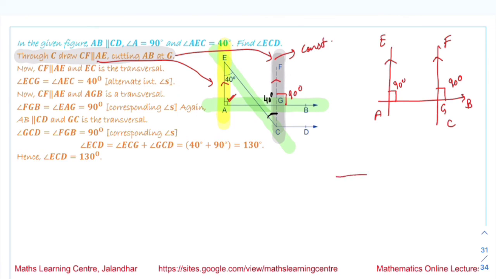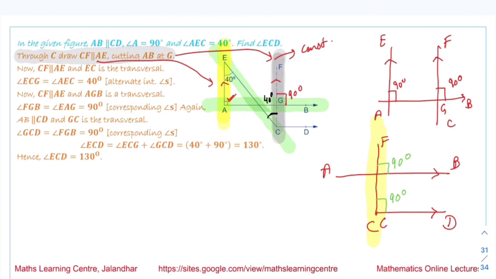Now the two lines AB and CD are given to be parallel, and for these two lines, this line FC will act as a transversal. Now this angle is 90 degrees, so this angle is also 90 degrees, because again these two angles are the corresponding angles.